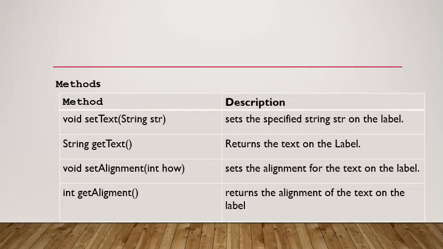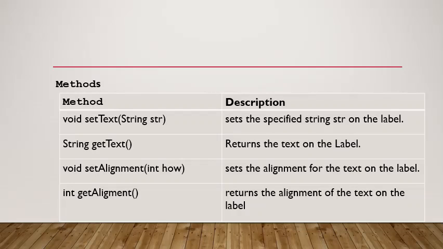Label is a class name, so it starts with a capital L, and LEFT, RIGHT and CENTER are inbuilt variables or constants, so they are specified in all capital letters.